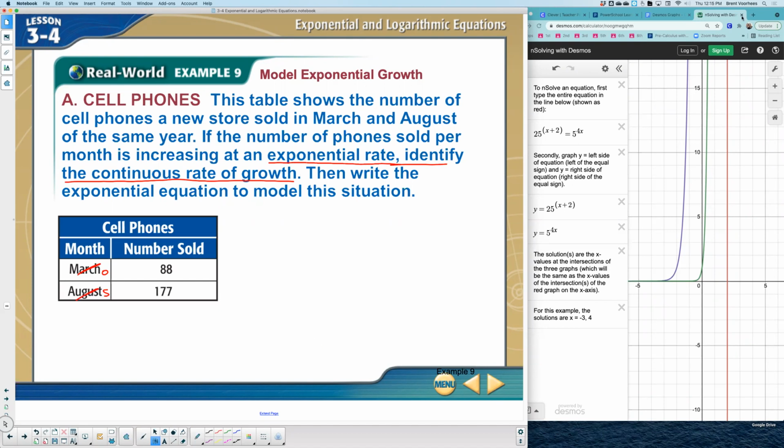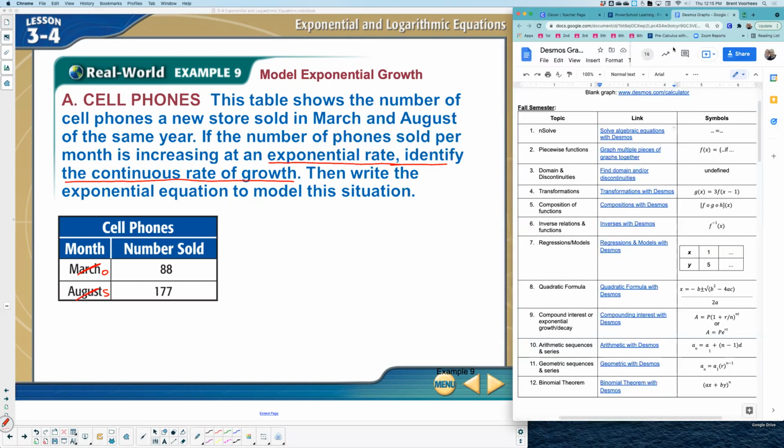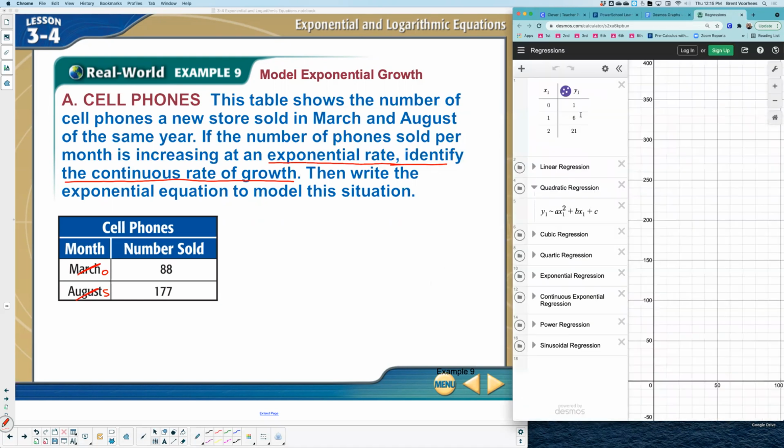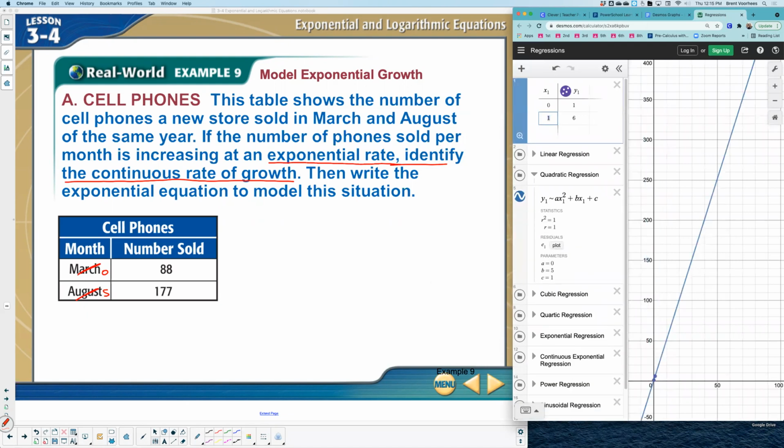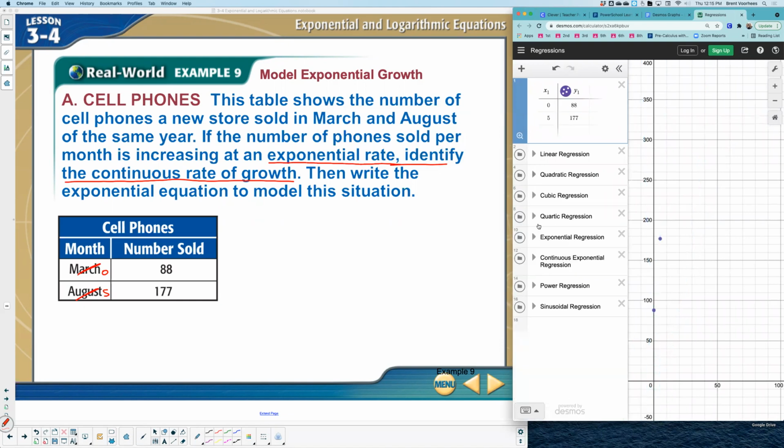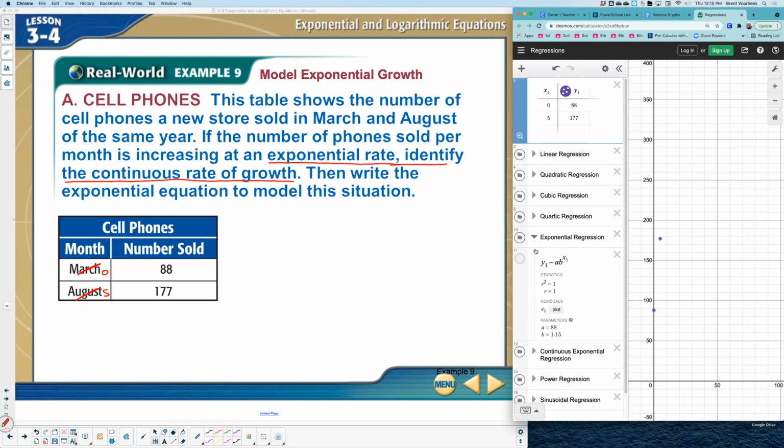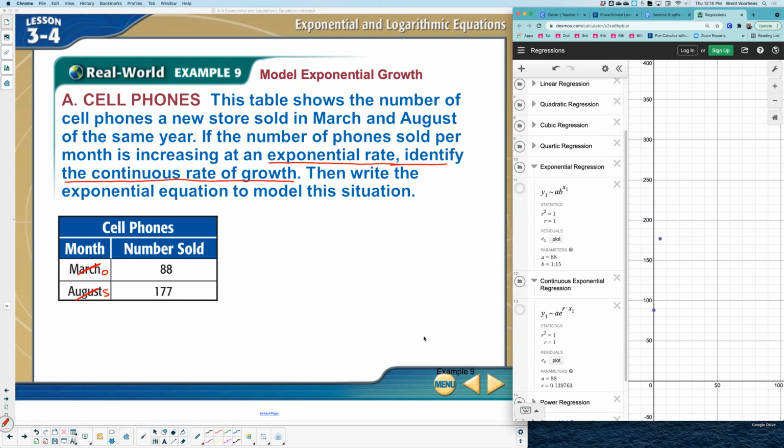I'm going to close this calculator and go to my regressions and models, calculator number 7, and type in my data. I have months 0 and 5, and 88 and 177. This says exponential. It also says continuous, which is a little tricky, so we'll go ahead and put both.